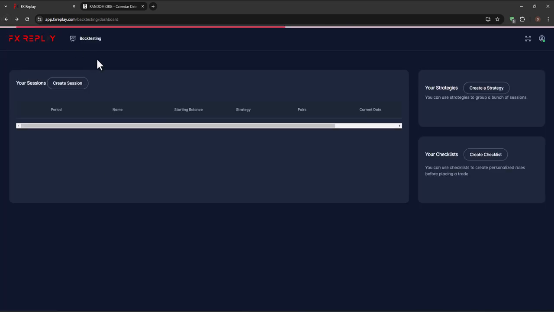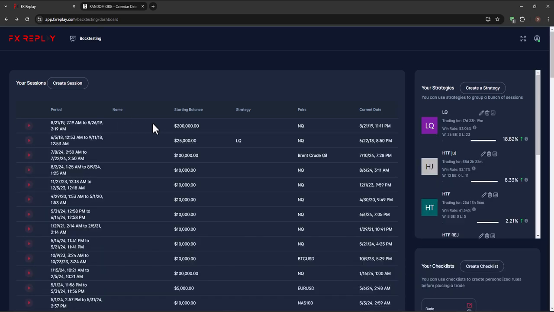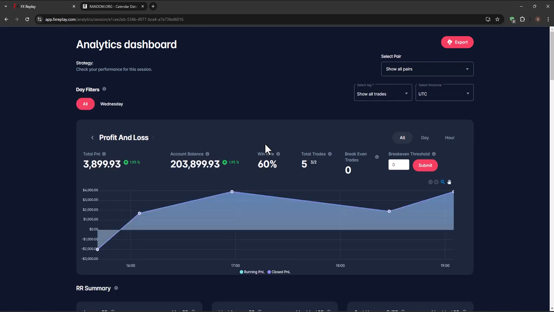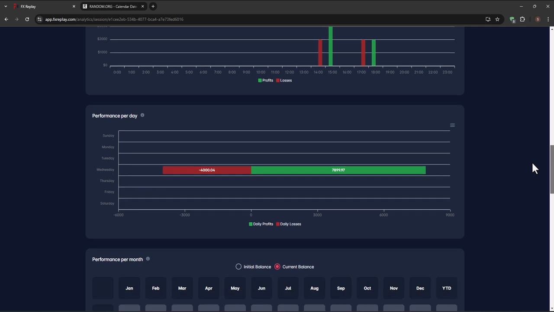Let's take a look at the analysis, right? So this is how usually my days go. I don't care about the overall win rate. I care about the win rate of the days I'm trading, right? How many days I ended in green.